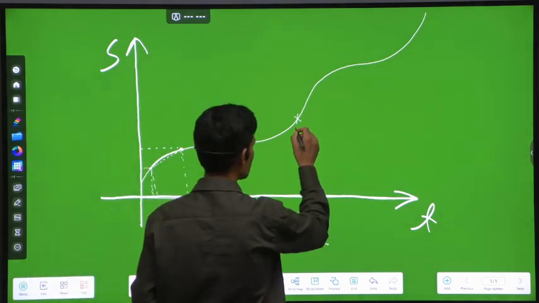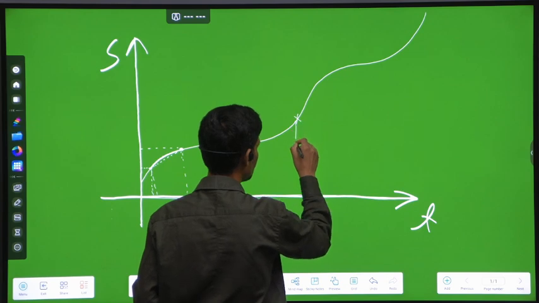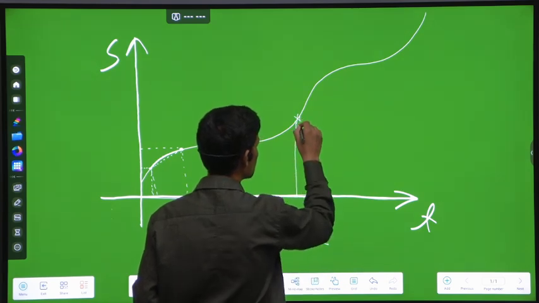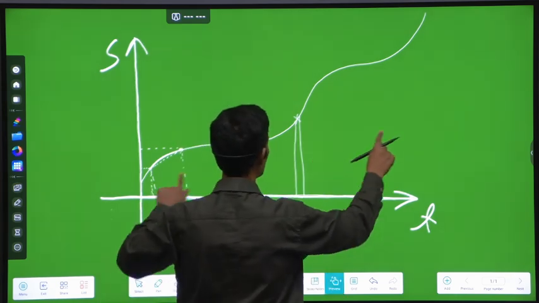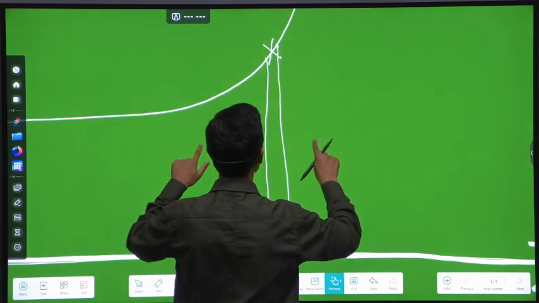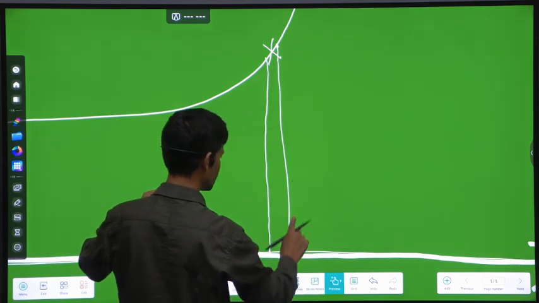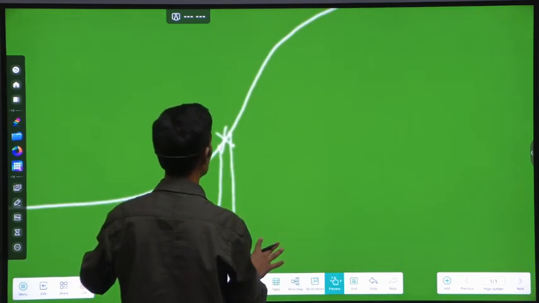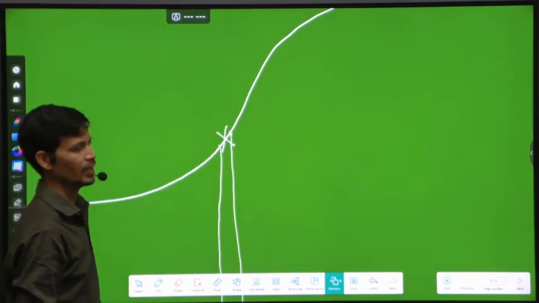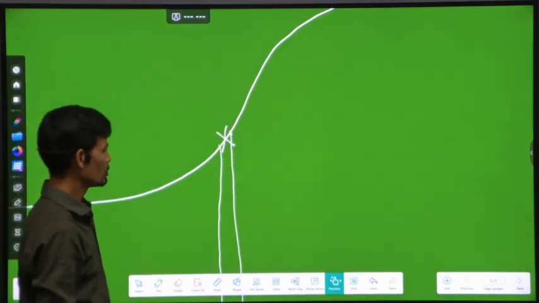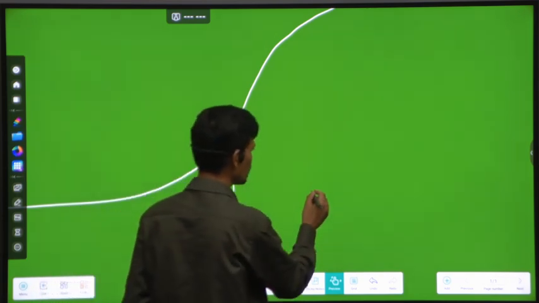So I have to take a small portion. But if I magnify it, still it is not a straight line. It has a slight curve in it. So I can reduce it further.